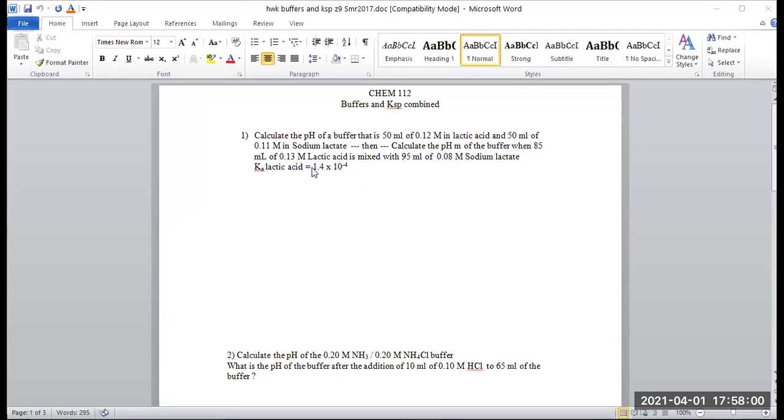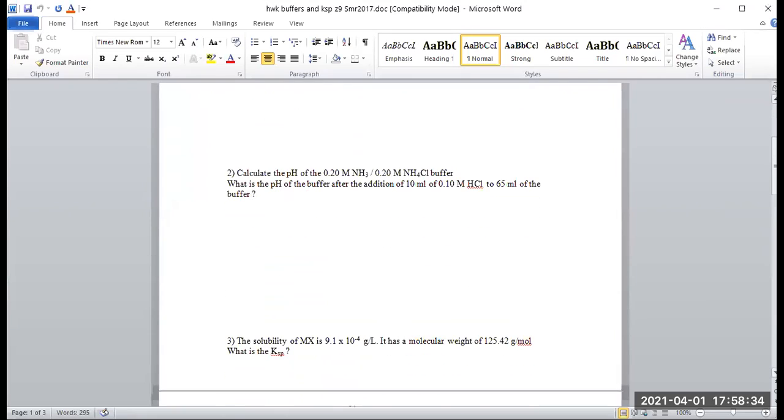I went ahead and gave you the Ka for lactic acid. My recommendation is that you approach this first problem this way. The first part you can do with the Henderson-Hasselbalch. The second part is a little bit less straightforward, but it still is tied together there.